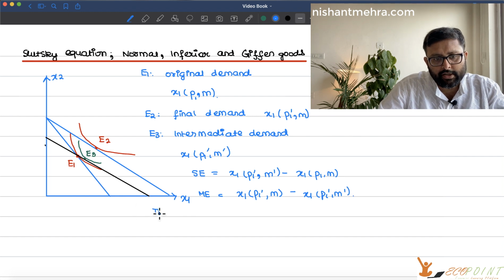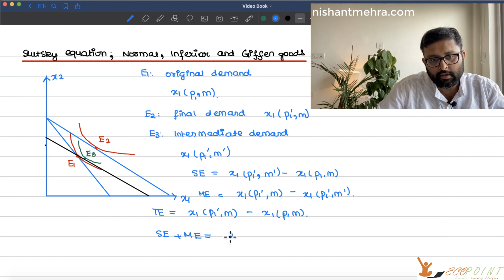What is total effect? Total effect is final minus original, which is X1 P1 dash M minus X1 P1 M, right? What is substitution effect plus income effect?